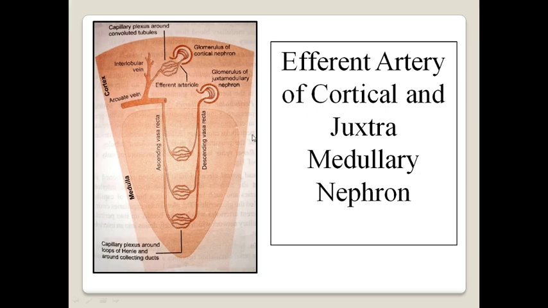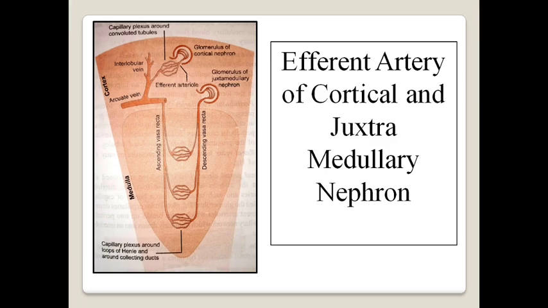That is the difference between the efferent artery of cortical and juxtamedullary nephron. And this vasa recta arrangement is very important because it helps in concentrating the urine, we will see later on. So that is the arterial arrangement or blood supply arrangement to the kidney.